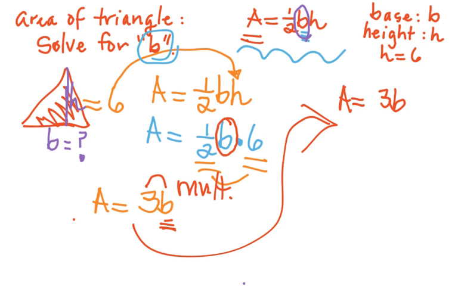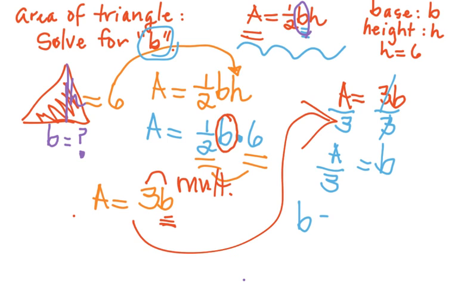I'm going to divide both sides by 3. Remember, I got to divide everything by 3. Therefore, and notice this time my variable is on the right-hand side. Totally okay. B is equal to A divided by 3. And I know a lot of you don't like the variables on the right-hand side, so I can actually rewrite this to be B is equal to the area divided by 3. And there it is right there.